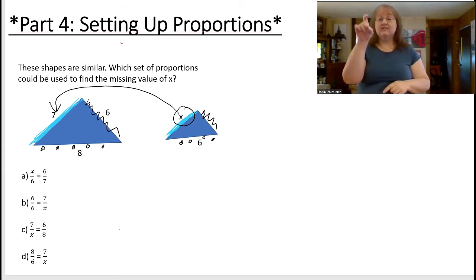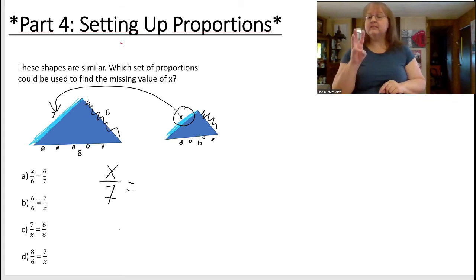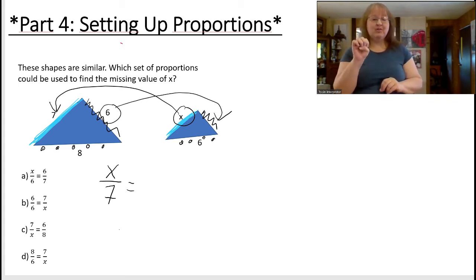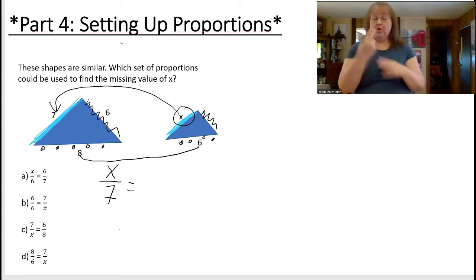Right here. So I can say x over 7 is the same thing as, well, let me see the 6. There's no value for this one, so I don't want to use that one. That's just an extra number that they're giving me to confuse me. So I'm going to use these ones, because they're both the dotted side and they both have numbers.